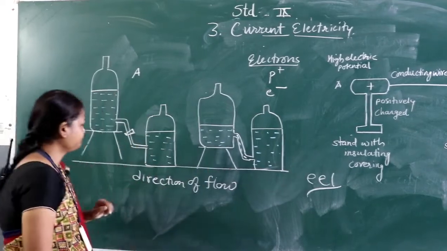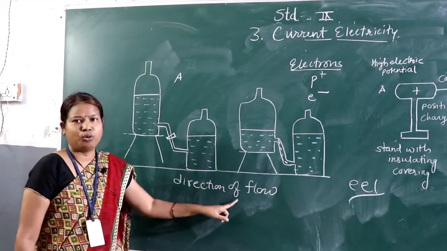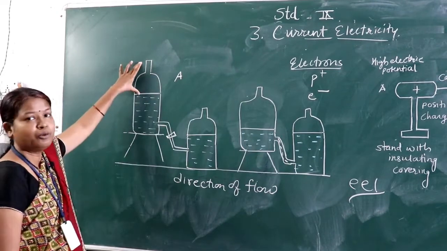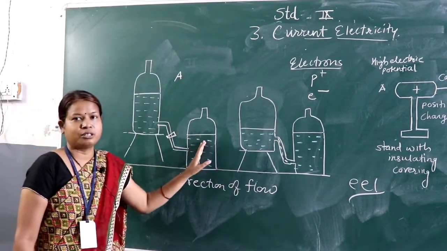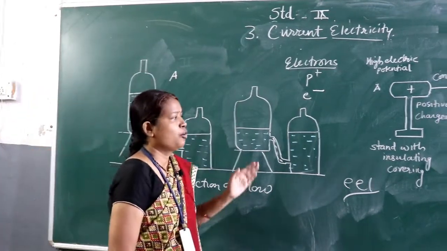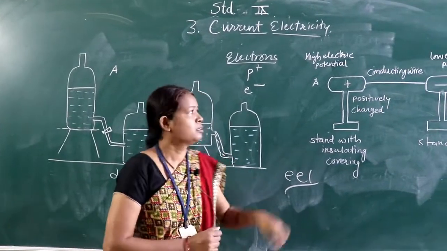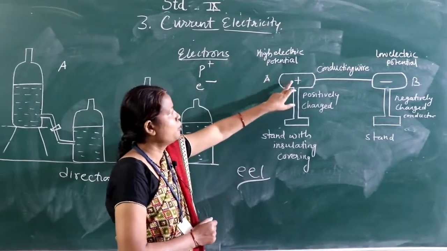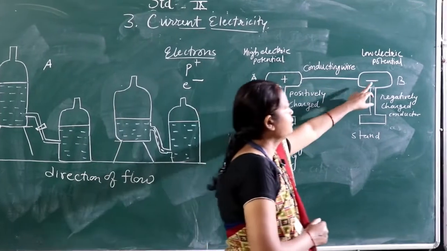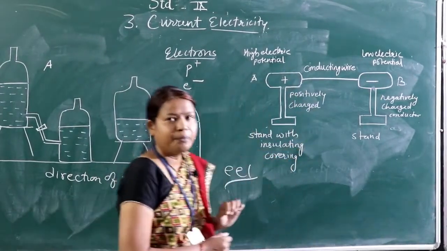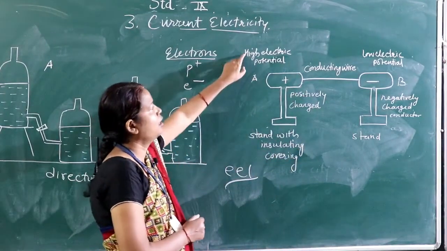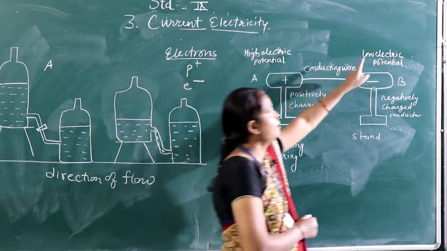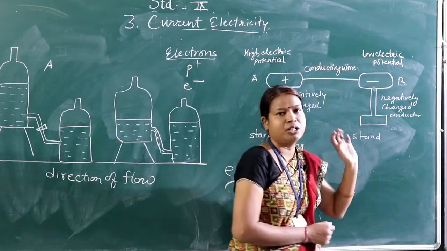This means the direction of flow is always from the upper position to the lower position. Similarly, we have two terminals, a positive terminal and a negative terminal. These two terminals are also called high electric potential and low electric potential.